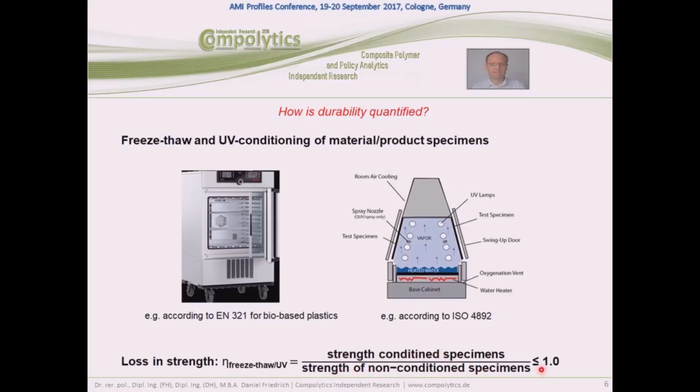And here we get a value less than 1.0, describing how many percent from 100% the strength went down by these artificial weathering conditions. And this is called the nu factor, for example, for freeze-thaw cycling according to this chamber, or for UV degradation following this artificial weathering chamber here.